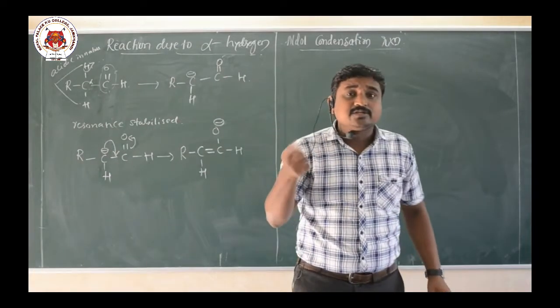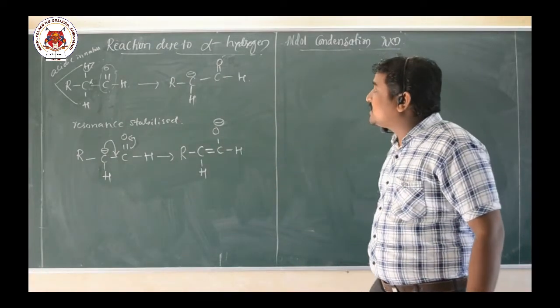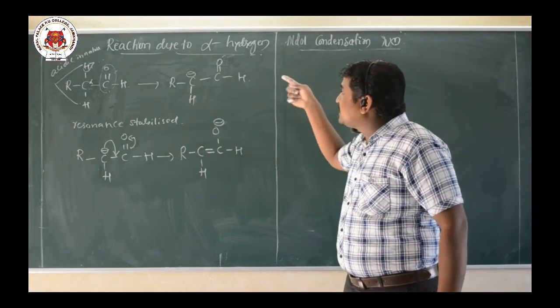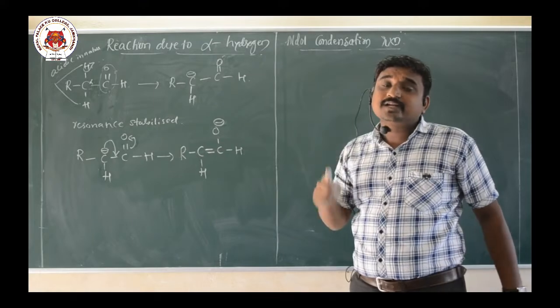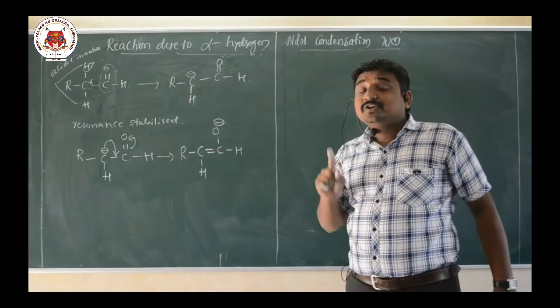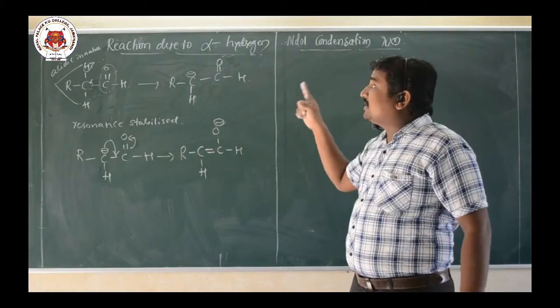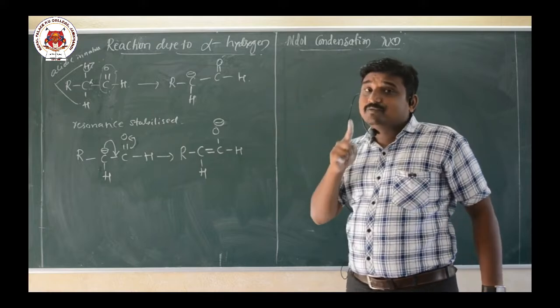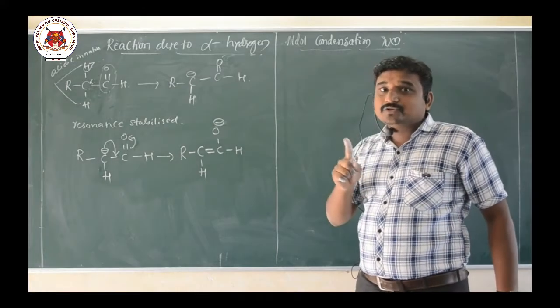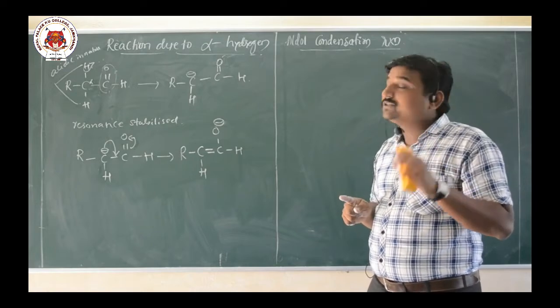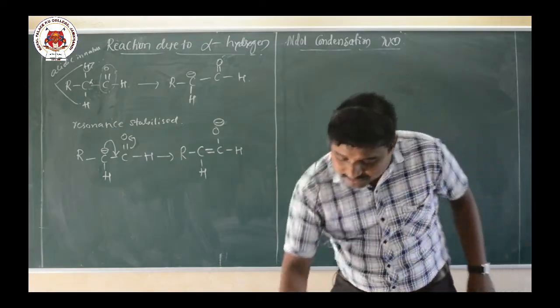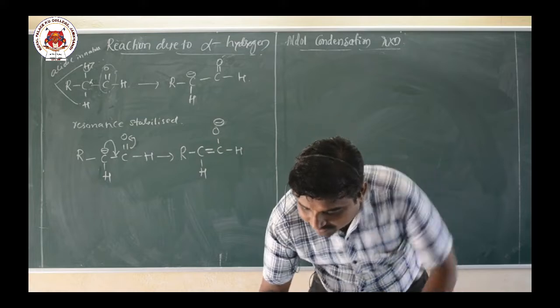Aldehydes and ketones undergo aldol condensation only due to the reactivity of alpha hydrogen atoms. Alpha hydrogen atoms are acidic in nature due to the presence of a strong electron withdrawing group, that is the carbonyl group. So due to that alpha hydrogen, aldehydes and ketones undergo aldol condensation reaction.